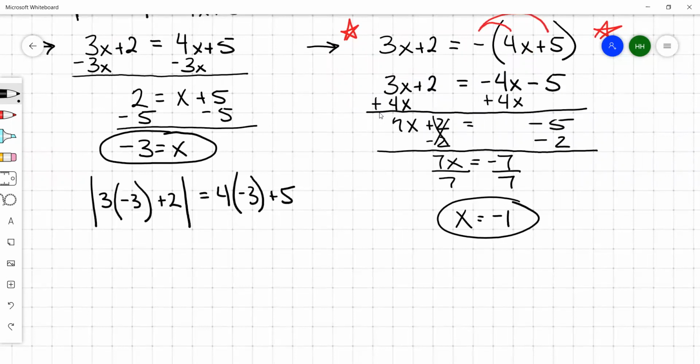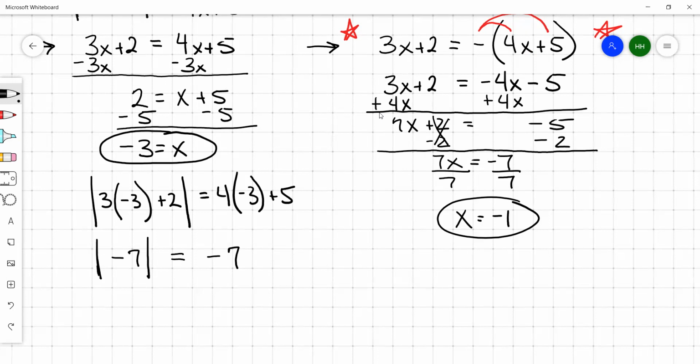In the absolute value symbol on the left, we got 3 times negative 3, which is negative 9, plus 2. Negative 9 plus 2 is negative 7. On the left-hand side, you got the absolute value of negative 7. On the right-hand side, you got 4 times negative 3, which is negative 12, plus 5, which is negative 7.